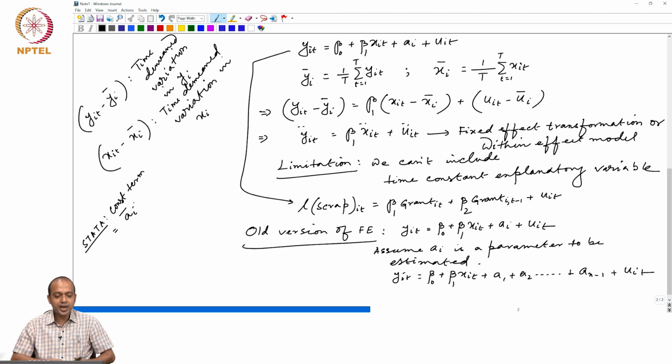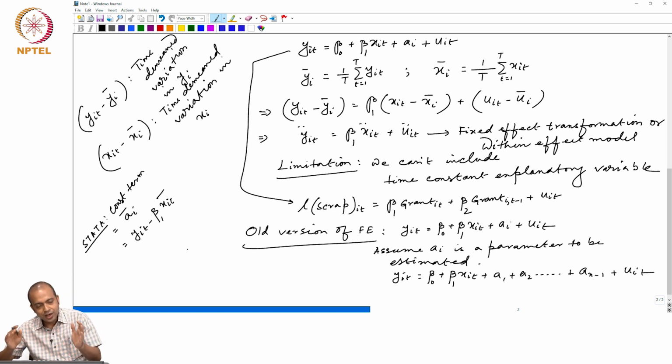From this we can understand the average skill of these individuals. This A_i bar is equal to Y_it bar minus beta 1 X_it bar, something like that. So, this is how Stata is calculating the older version of the fixed effect model also and reporting A_i bar in the model.